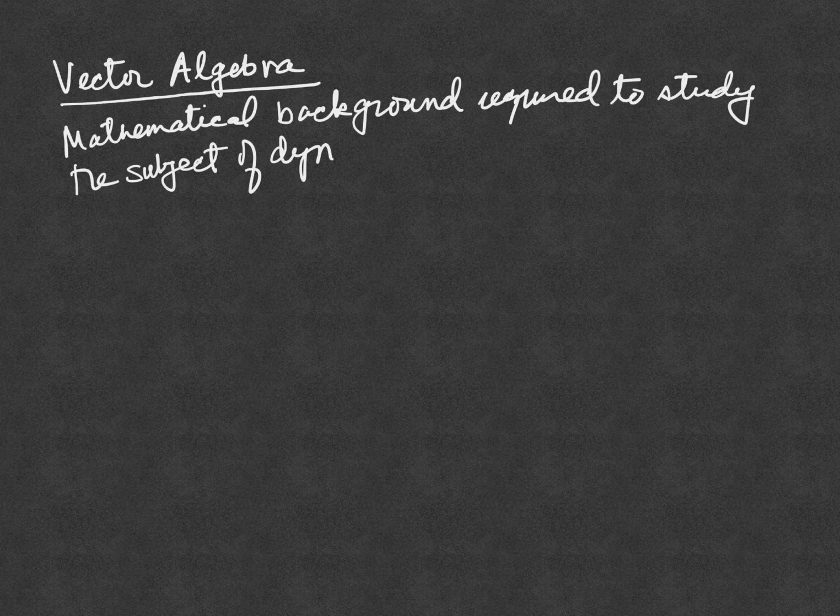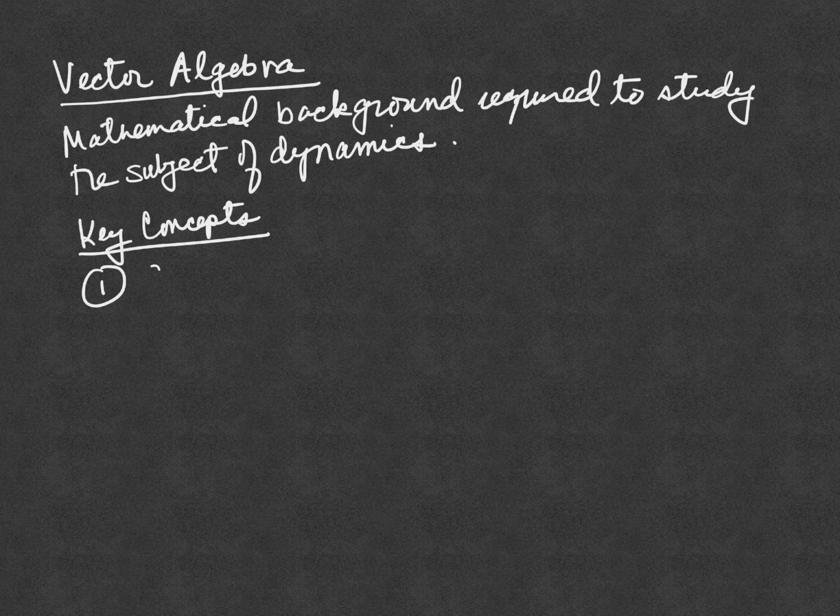Now, vector algebra is, as stated at the beginning, divided into many parts, but the key parts of vector algebra that we're going to study in this lecture are going to be as follows. First, we're going to define scalars and vectors, which was stated before.